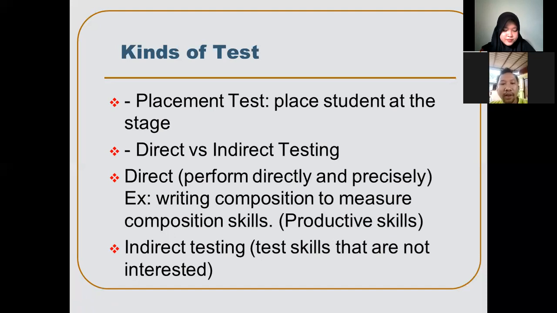For example, if we want to know about their composition in writing, we just ask them to write, to compose in writing, and that is very direct. Normally, in direct testing, we test the productive skills, which can be speaking as well as writing. So we can test it directly to check the performance, to check the ability.